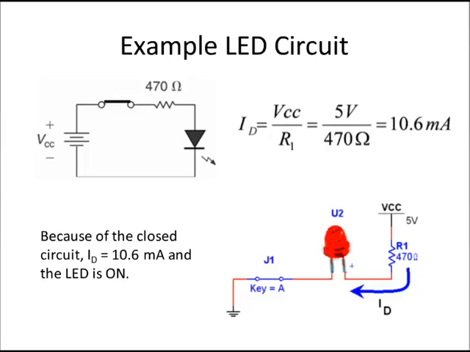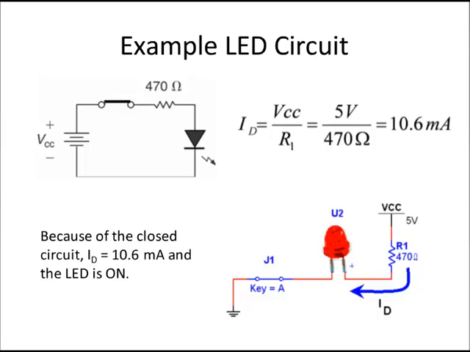In this case, we have 10.6 milliamps flowing through the diode, and if we were to look at the manufacturer's specification about a certain diode, it would tell us how much current we need through the LED in order for it to illuminate.